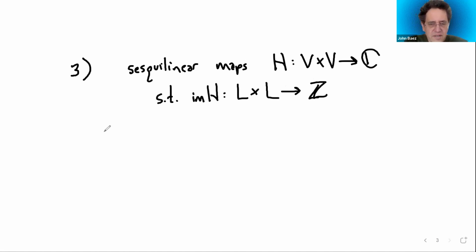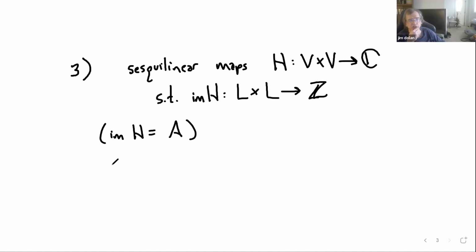Okay. So the idea is just that M of H is what we were calling A. Right, that it really came from this integer valued thing by tensoring with the reals. Well, actually, tensoring with the reals, yeah, it gives you the anti-symmetric thing.